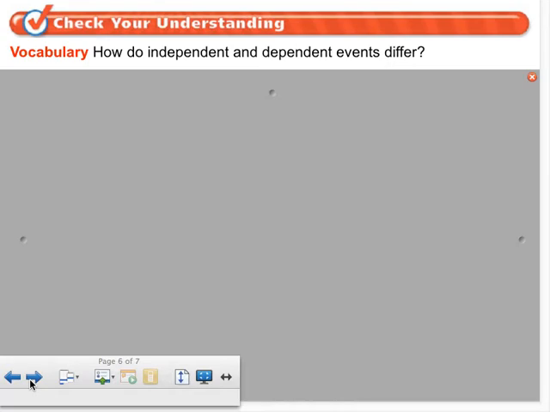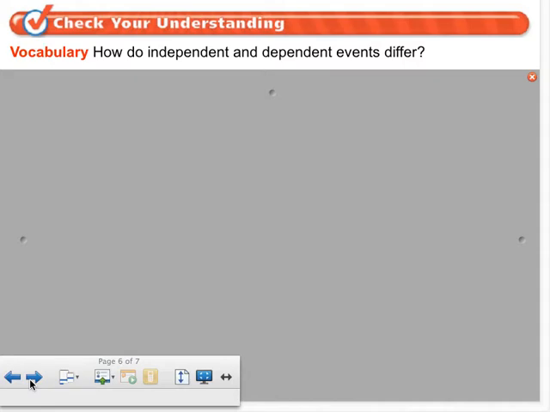How do independent and dependent events differ? Carlos, can you take a guess? Gabby, can you help him out? Nice, I like how you worded that.